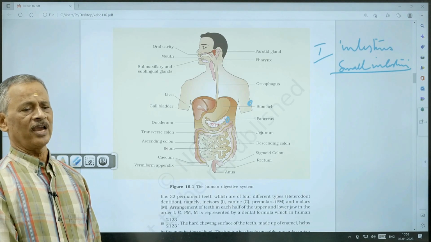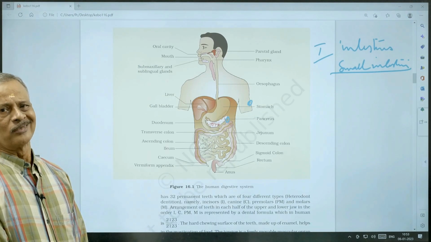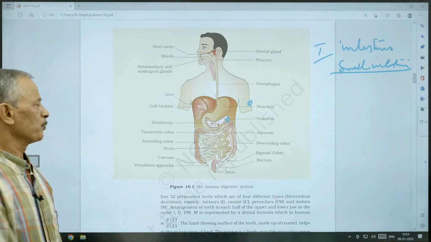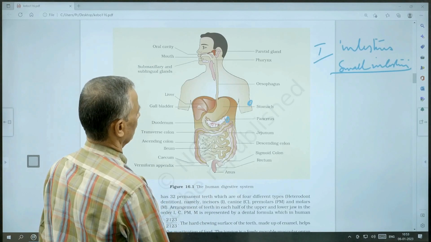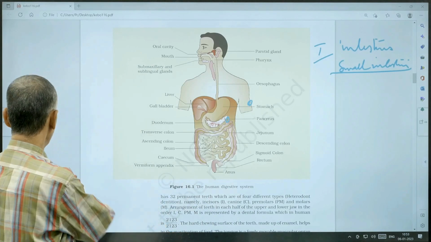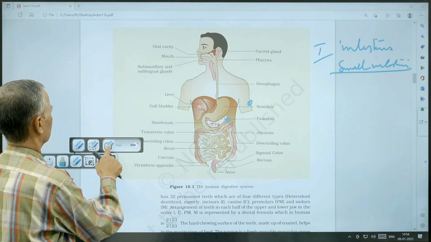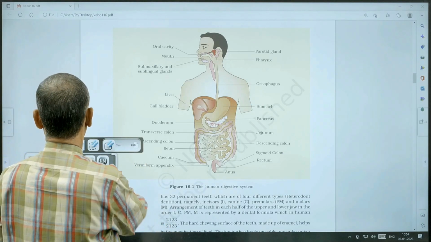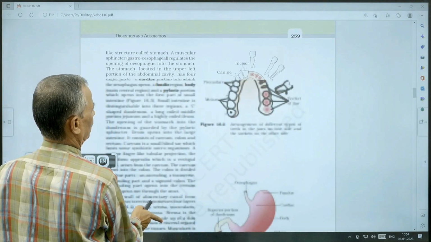Rectum is the site where undigested materials are stored till they are all sent out. This rectum opens out by means of an opening called anus. Is that clear? So these are the parts of the alimentary canal.